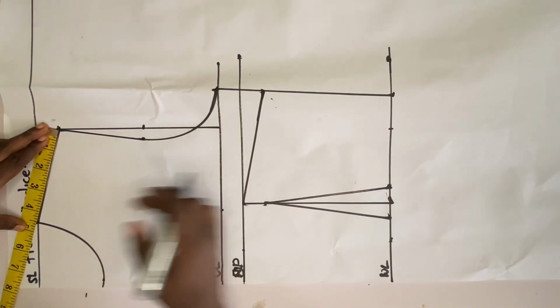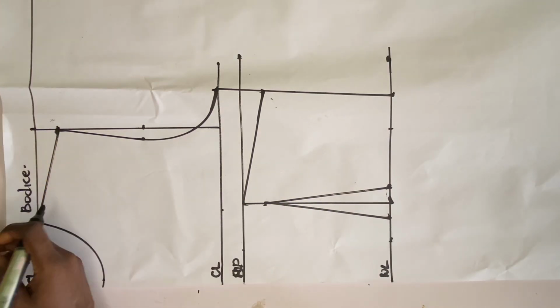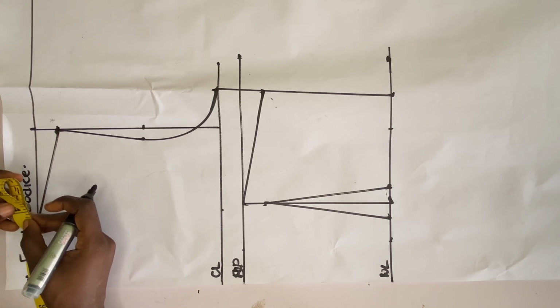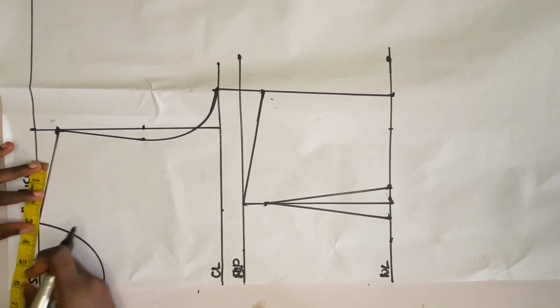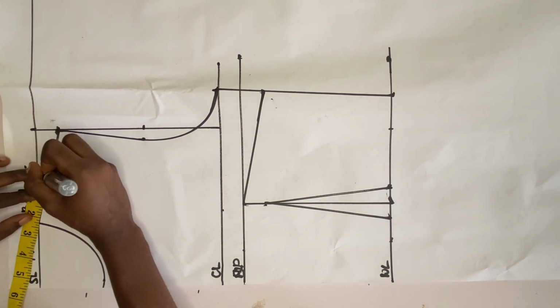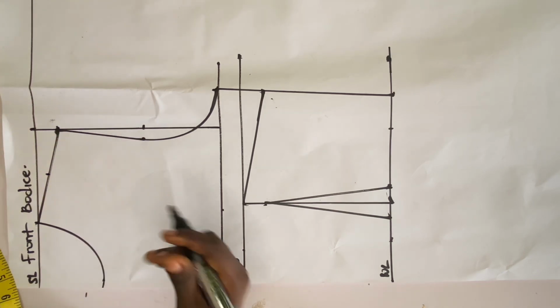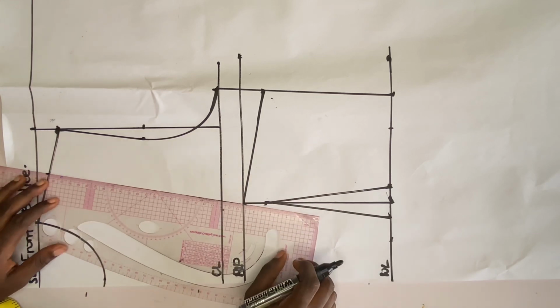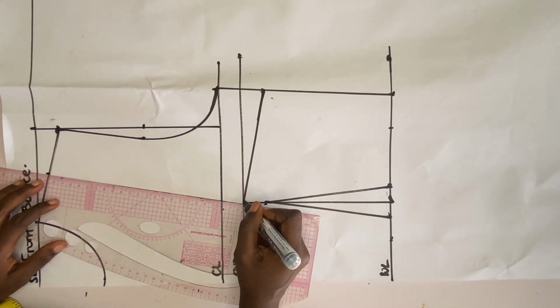The midpoint of the shoulder, I have 4.5 here. So the midpoint of 4.5 is 2.25, so I'll mark it here. Then I'll connect the line to meet the bust point line.